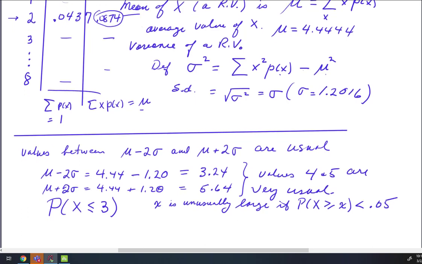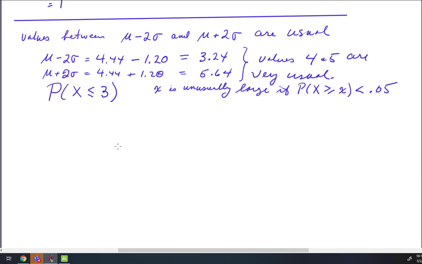Now, I just think this is good practice. You know this, but let's just think about it. Let's look at the probability that X is greater than or equal to 7 to check and see if 7 is unusually large.